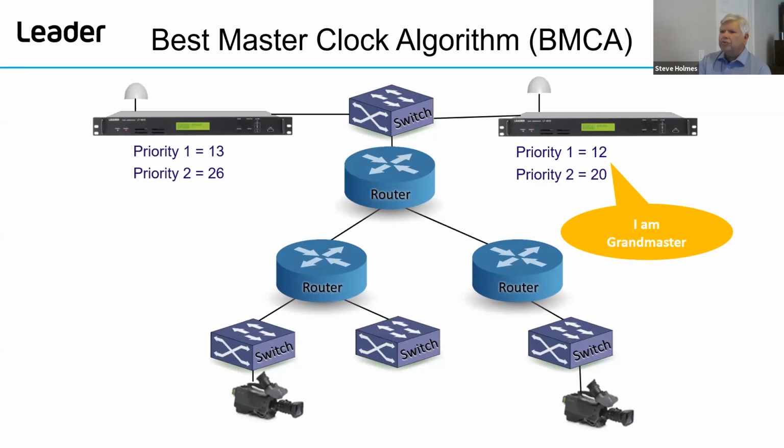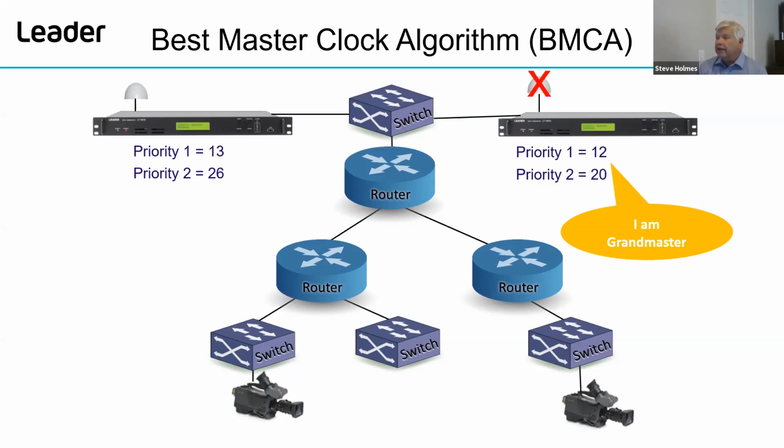But this is why you need to keep priority 1 the same. If something happens to my GPS signal, the unit on the right is still going to be the Grand Master because priority 1 trumps everything below it.